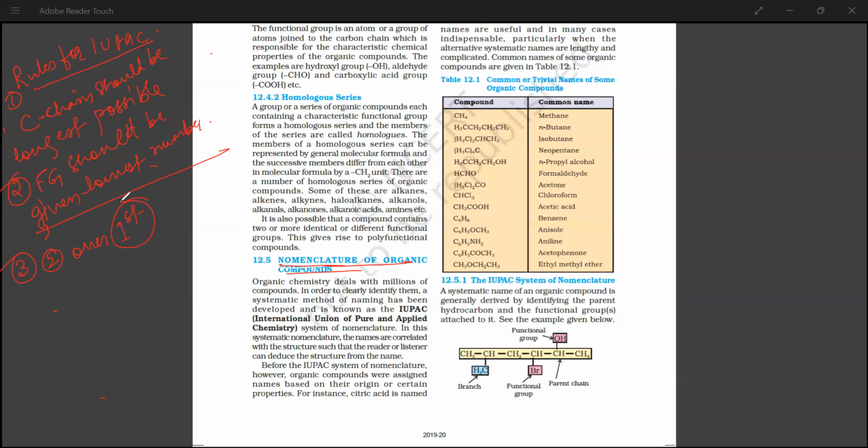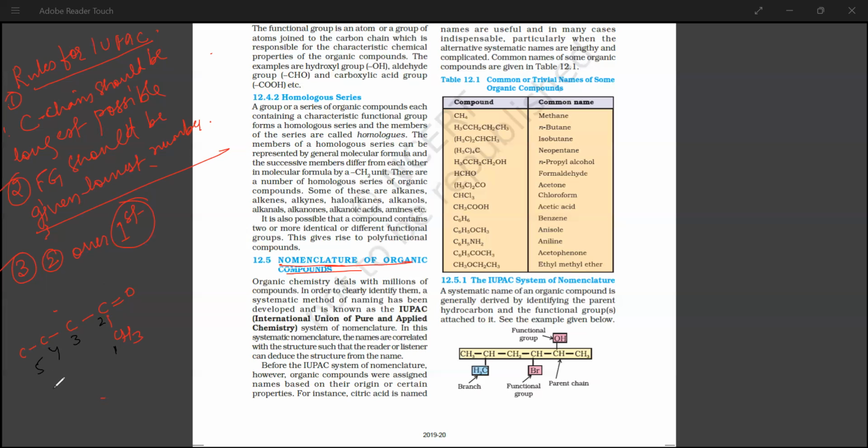Now see, you can understand this like this. This is 1, this is 2, 3, 4, 5.